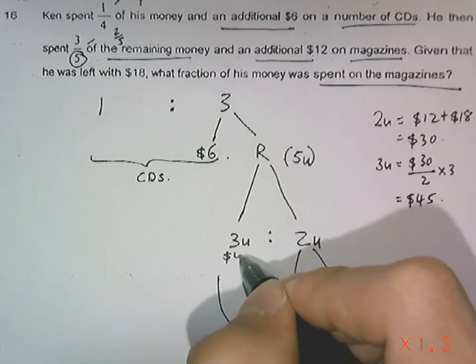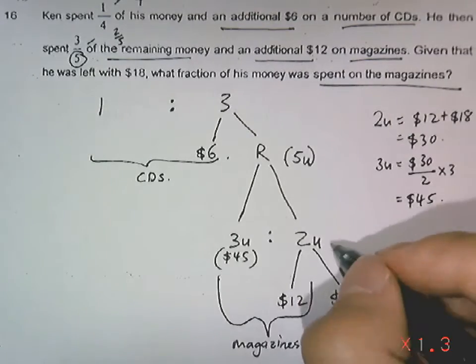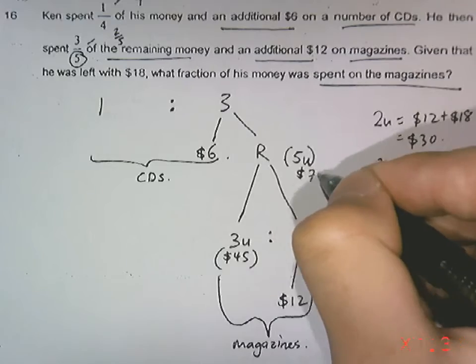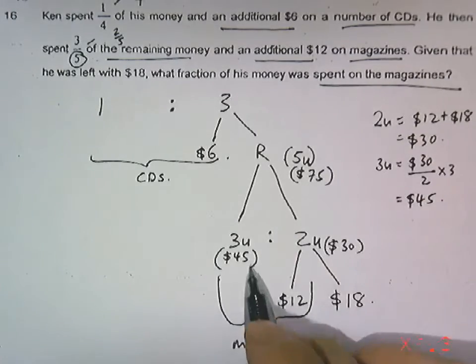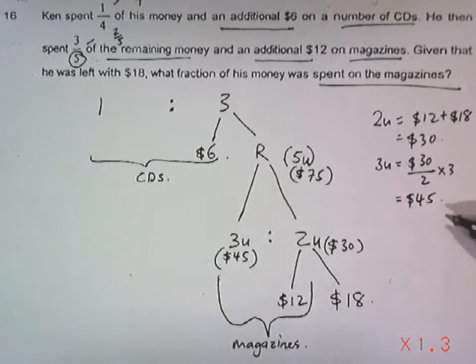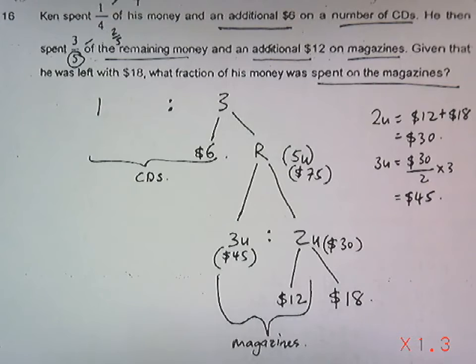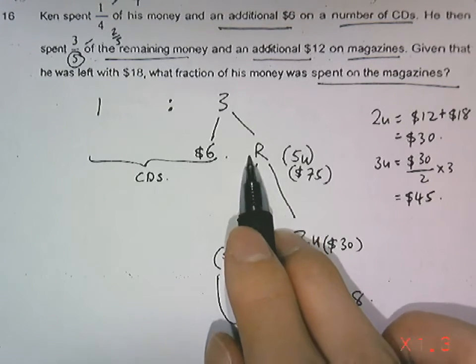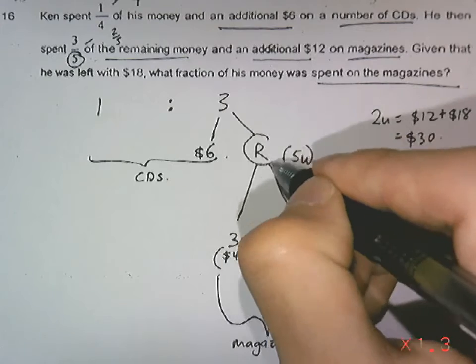You can put the $45 here and the $30 here. So the 5 units will be the sum of these two parts, so a total of $75 for the remaining that you see over here.